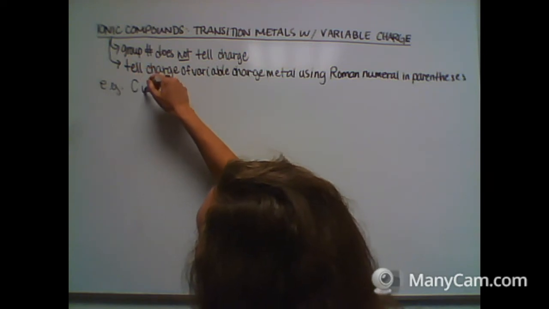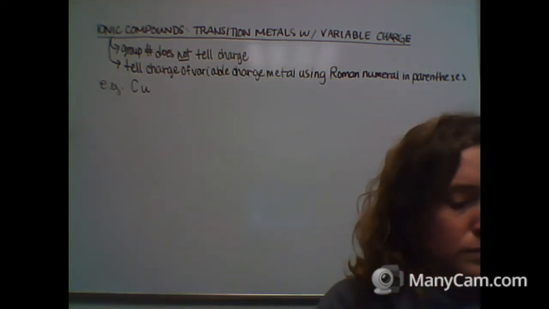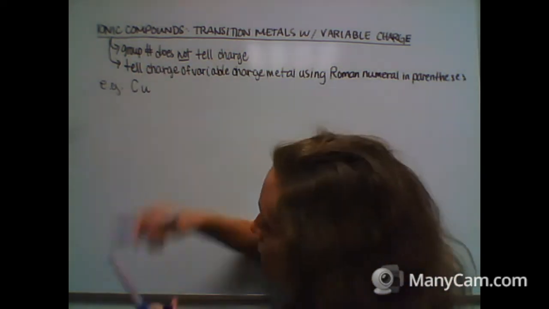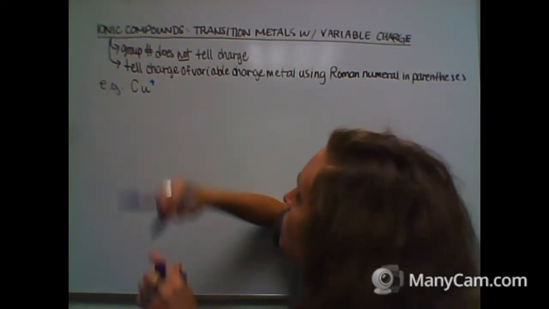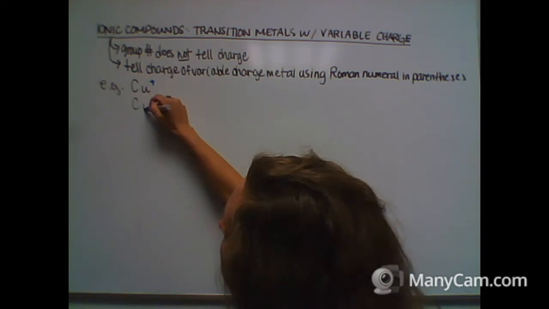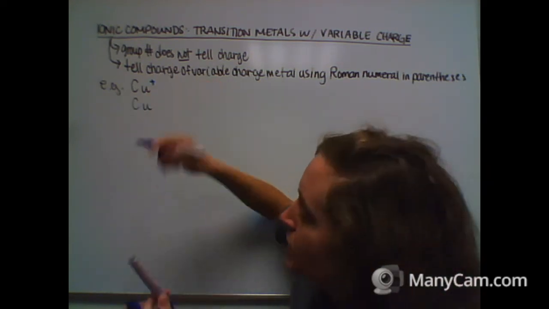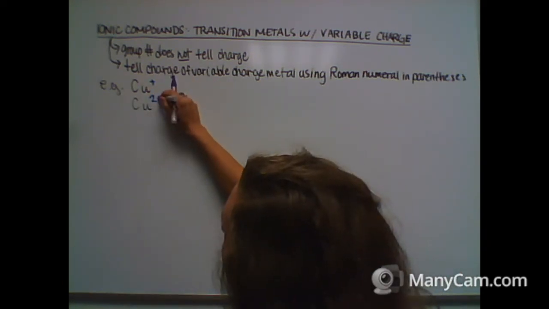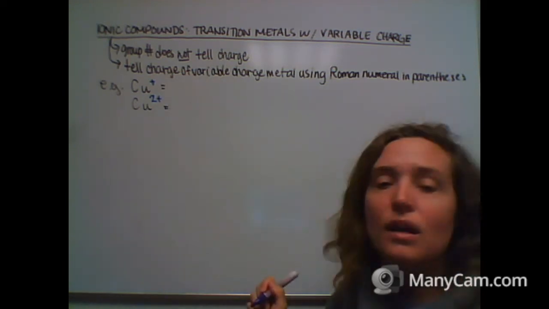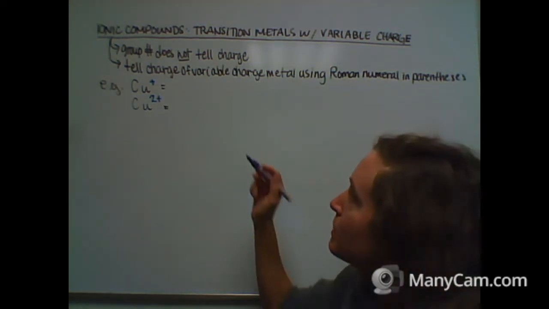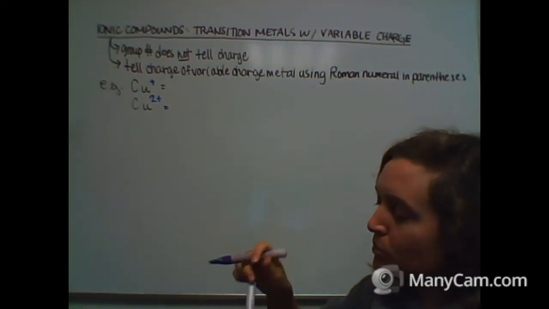For example, copper can either have a 1+ charge, or a 2+ charge. And the way that we write the names of each of those ions is by using the Roman numeral in parentheses.